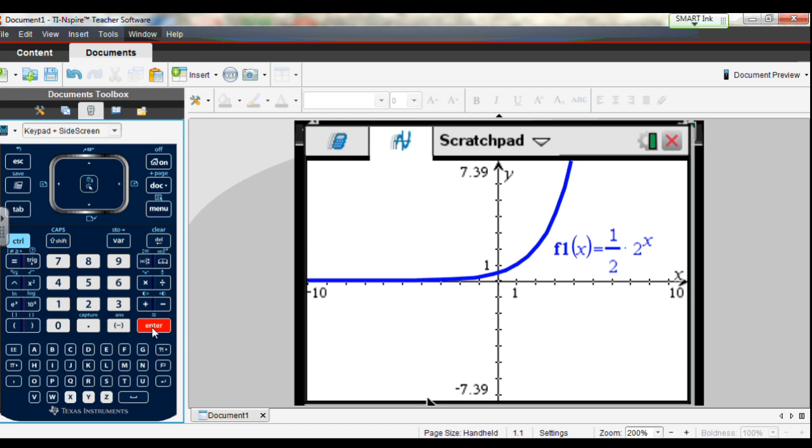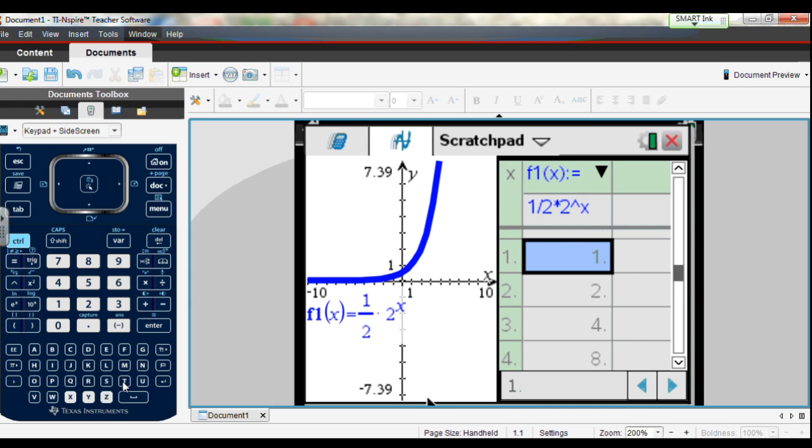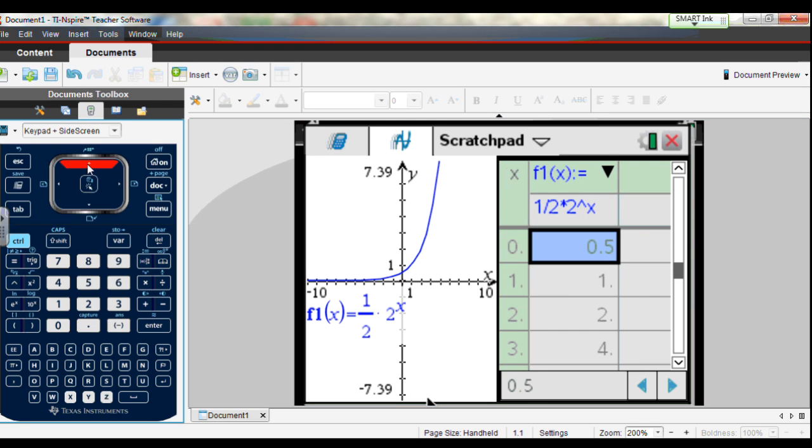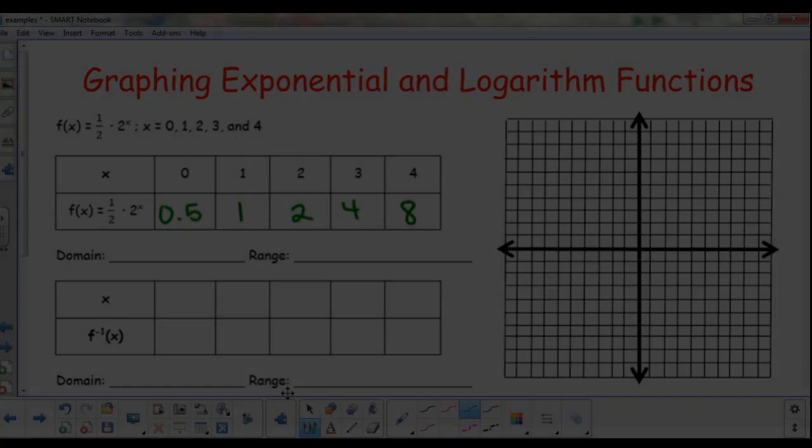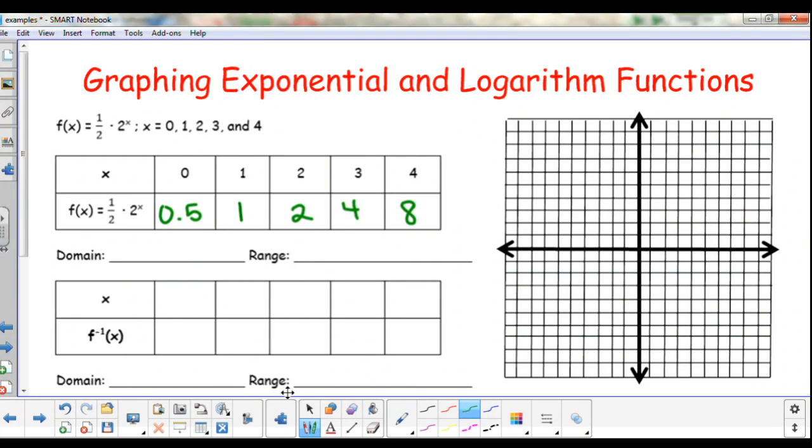Now that I have my graph, I'm going to go to my table. So I'm going to hit Control and T. And in the table that we have in our example, it's looking for x values of 0 through 4. So in my table, I'm going to go to those values and fill in our y coordinates. So in our calculators, we got our y coordinates for our 5 x values.